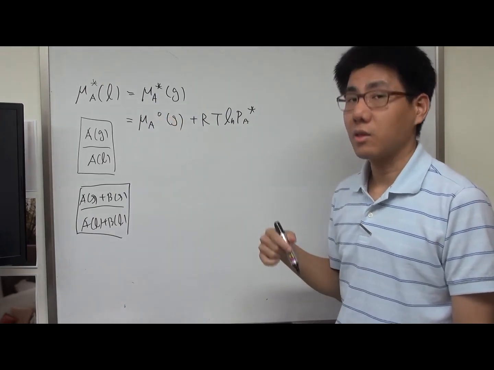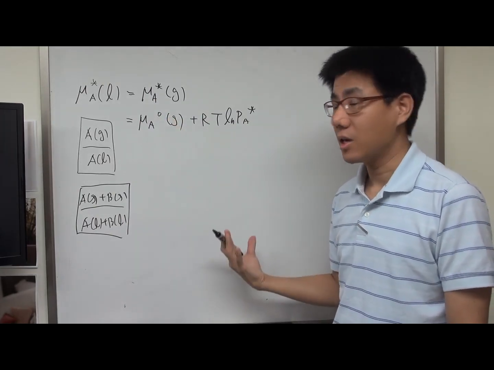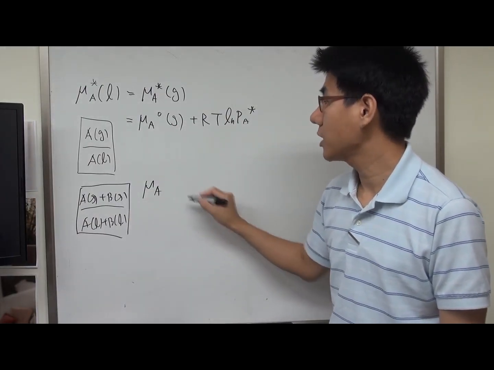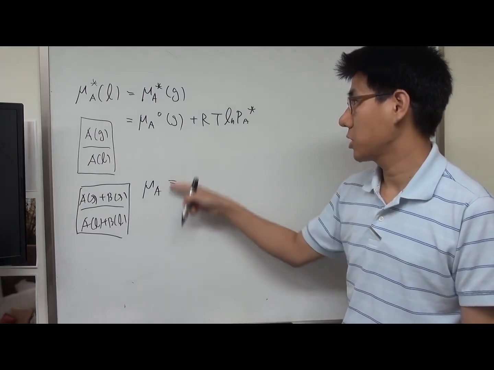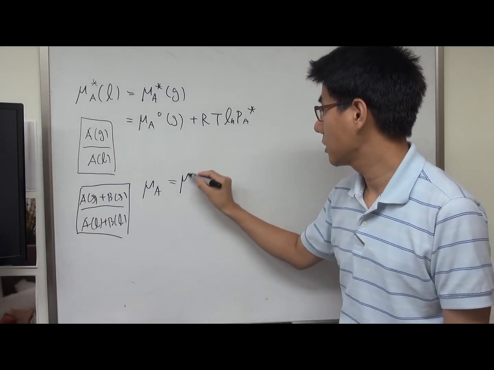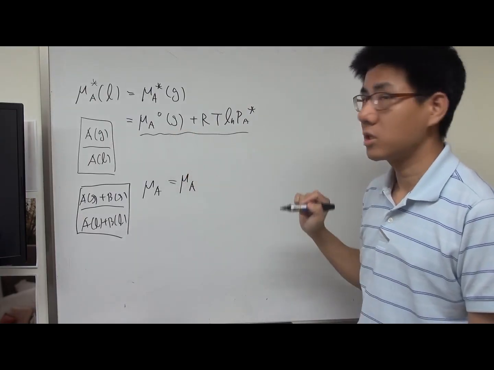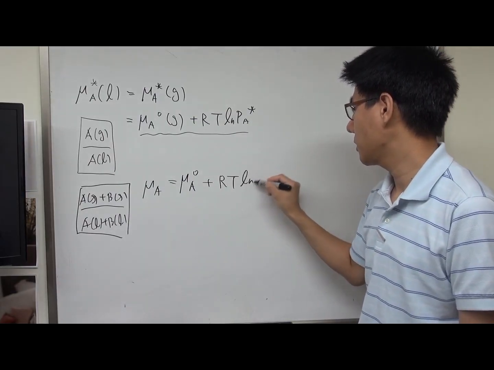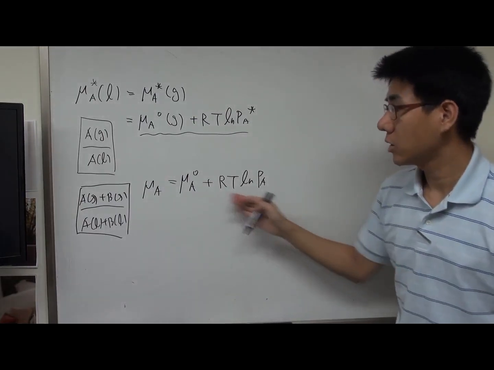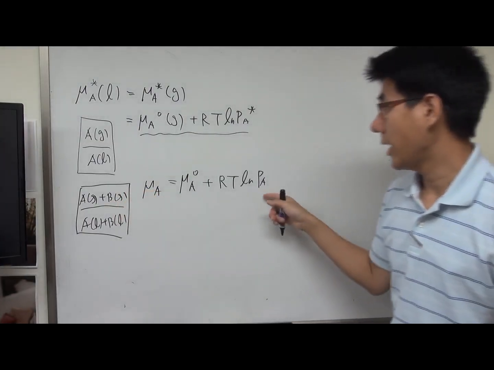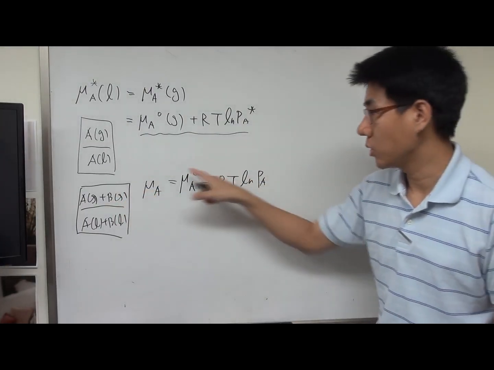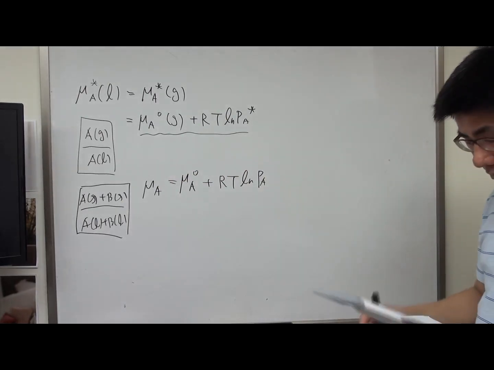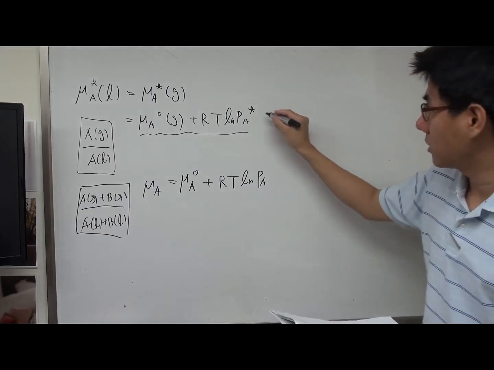Let's write that down for component A. So, in this case, chemical potential of A should be the same as chemical potential of A in the gas phase, which can be represented using this kind of equation, right? mu A naught plus RT ln PA. Now, since there is an additional component B, A is not pure, right? So we did not put a star sign here. Okay? Alright?